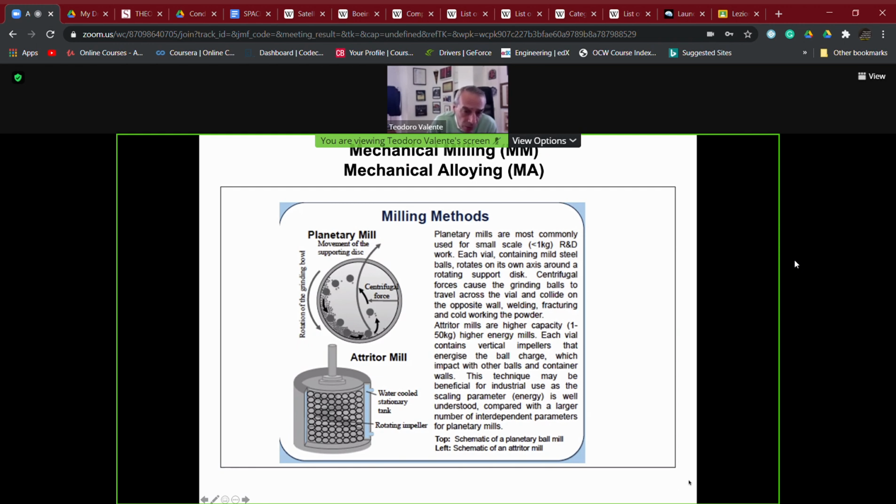This is a more effective method to get milling and alloying for quantities of materials which have meaning from an industrial point of view. And so the attritor mill is the best equipment used to get alloying and milling.